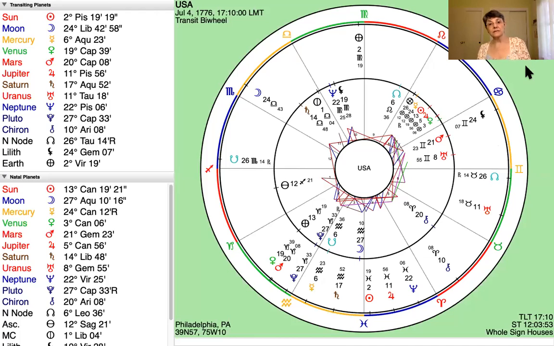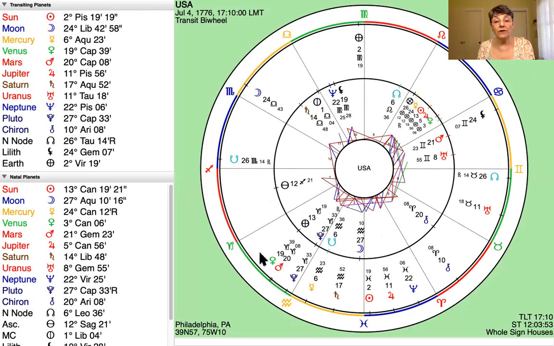Here is the transits chart. And now you see the ascendant here in Sagittarius, right? And you see all the planets located in the houses of the natal chart, as the natal chart, right?